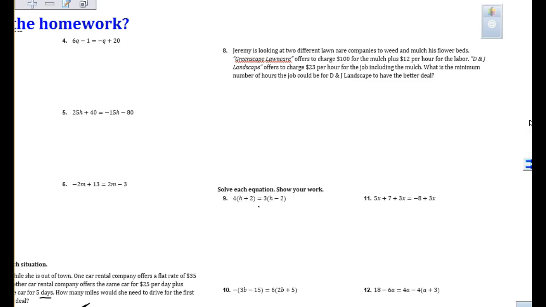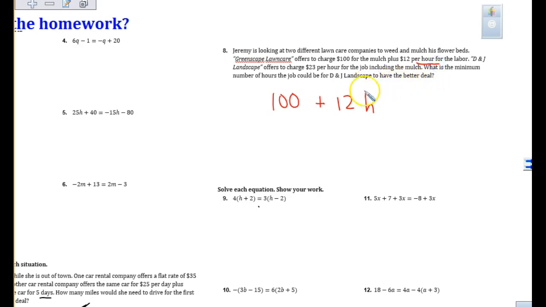The other company, if we look at it, is just charging us a straight fee of $23 an hour for the job. So if I want to write my equation, and I'm looking at company 1, the first company, is $100, greenscape, landscape, plus $12 for labor, $12 an hour. I might use H because I'm talking about how many hours.